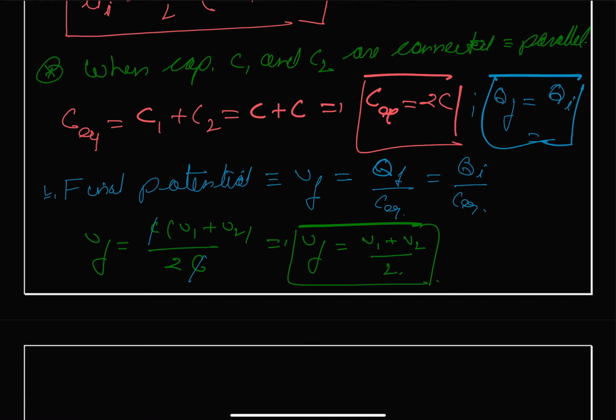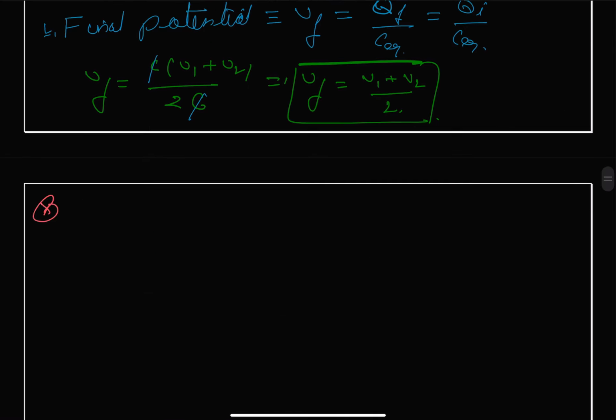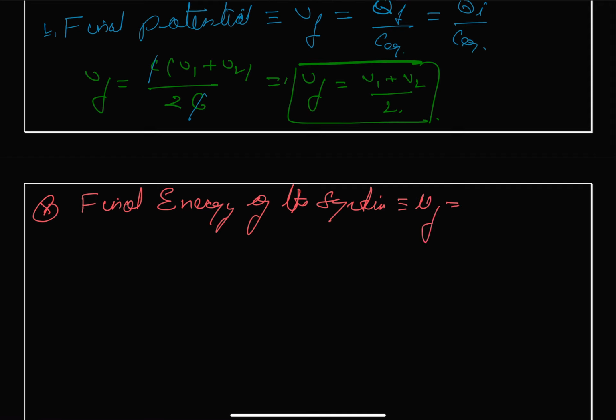Now we can find out the final energy of the system. Let us call that Uf, which will be equal to half C equivalent and Vf square.